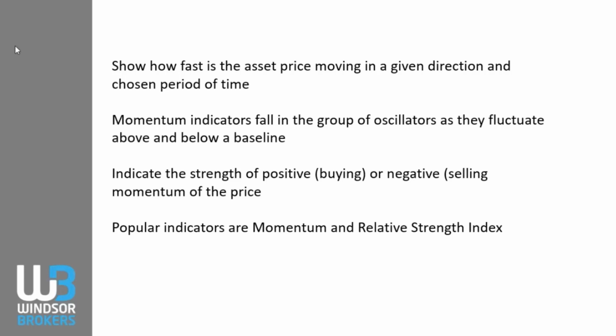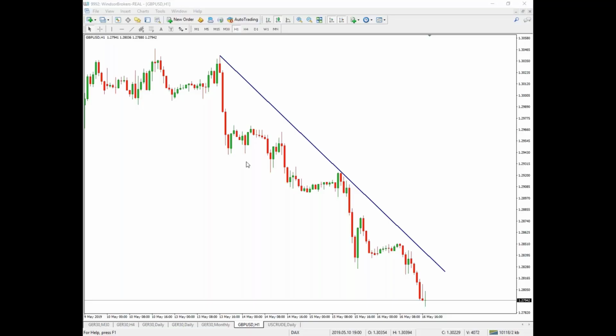So I would like now to show you how we can apply all of what we spoke about during the class on the chart. For example, we have a chart of British pound against US dollar, hourly chart. The first thing we are going to define is the trend. The trend is firmly to the downside.